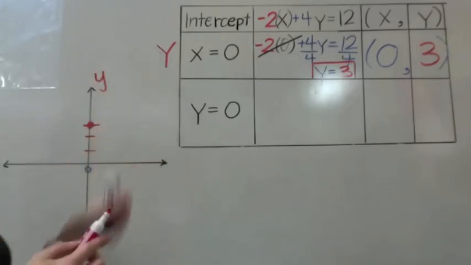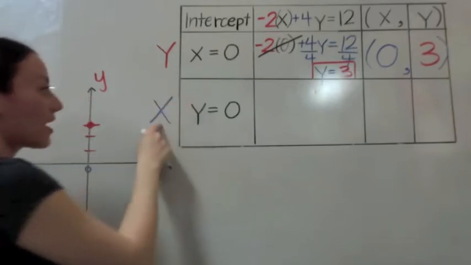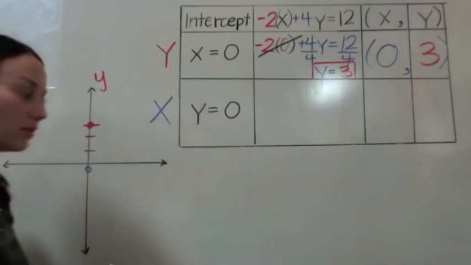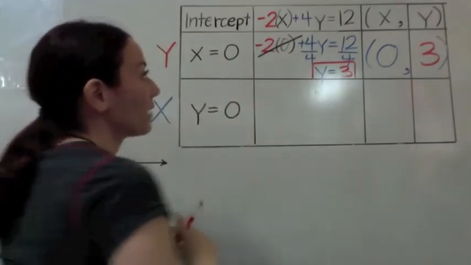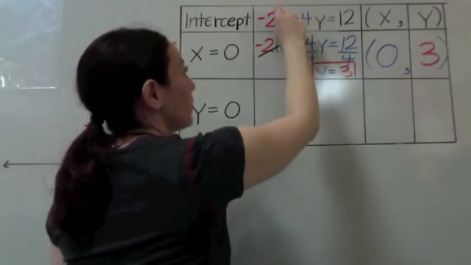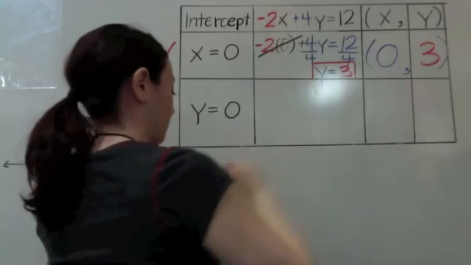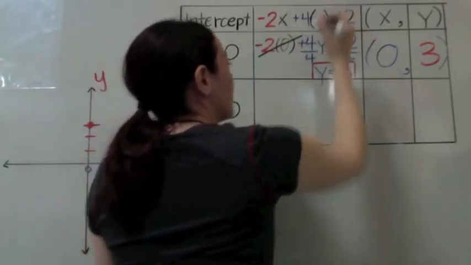What do we want next? We want the x-intercept, correct. And remember, for the x-axis, y has to be 0. So we're going to take the same equation, but this time, are we going to put parentheses around x or around y? We're going to put it around y, correct. So I'm going to put them around y, and here we go.